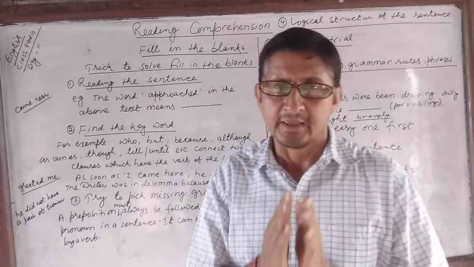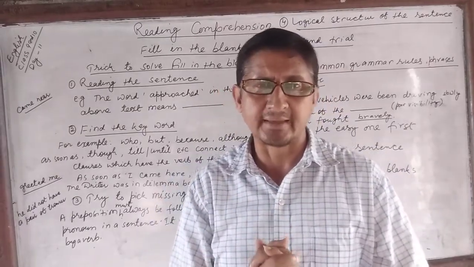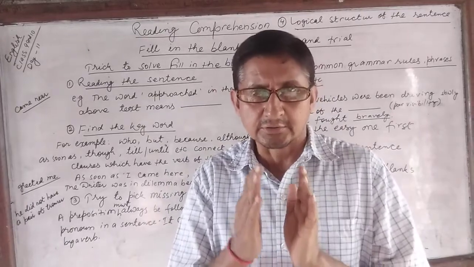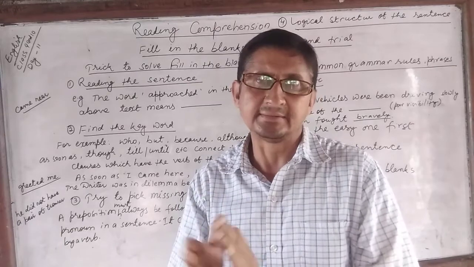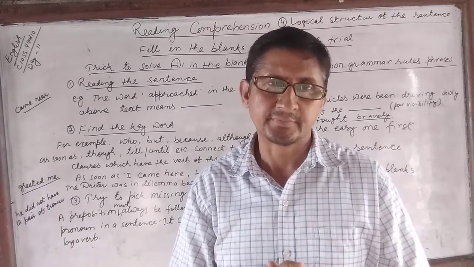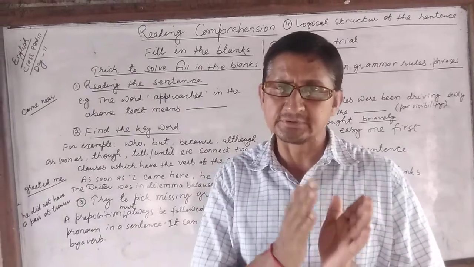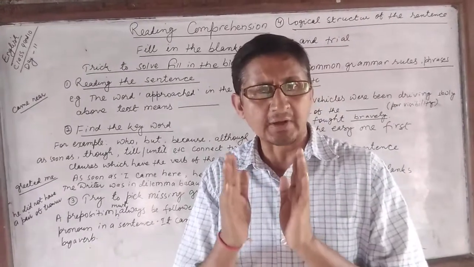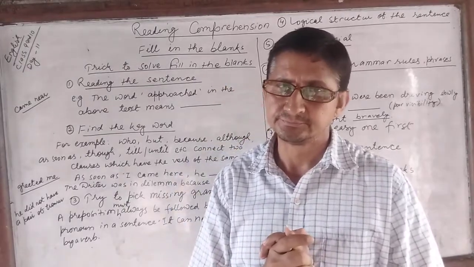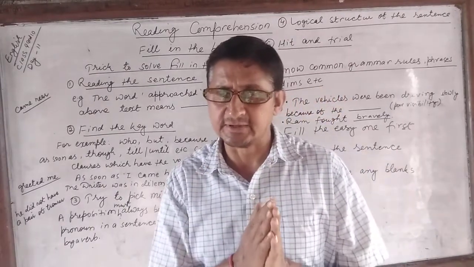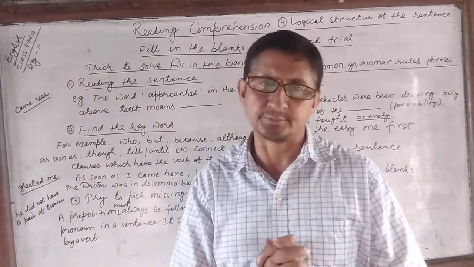For example, if the word 'the' is placed before the blank, look for a specific name, person, or place in the blank. If the article 'an' is used before the blank, then your answer must start with a vowel. If the blank refers to a verb, then choose an adverb.